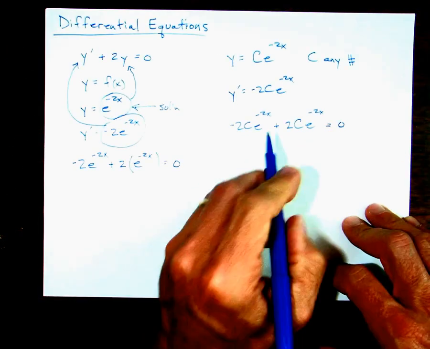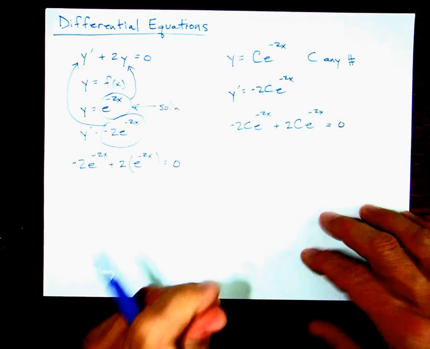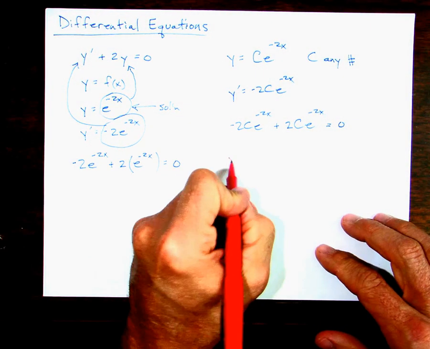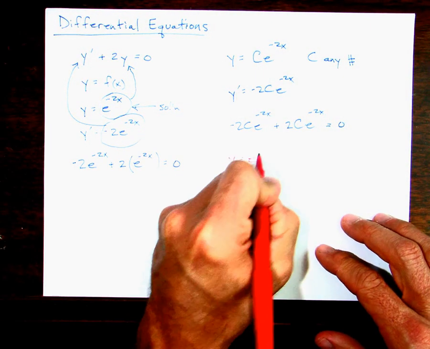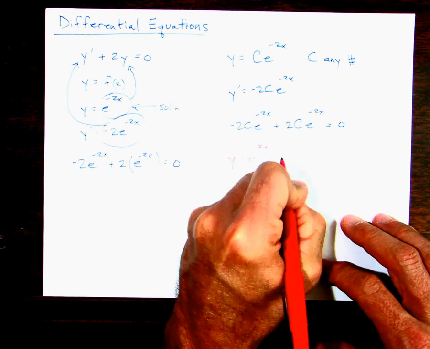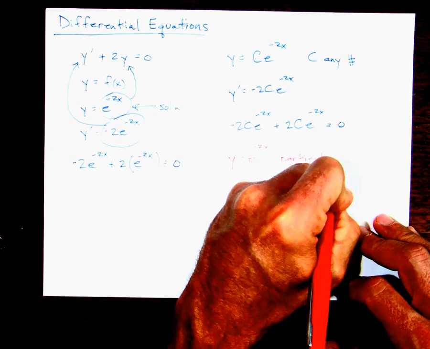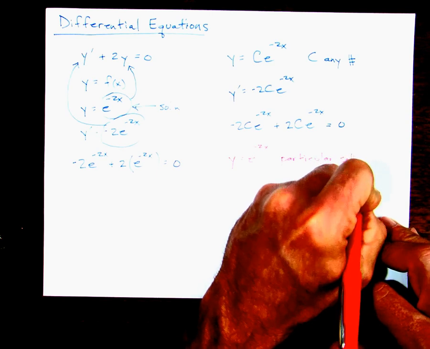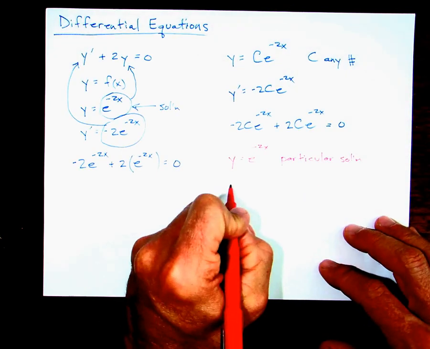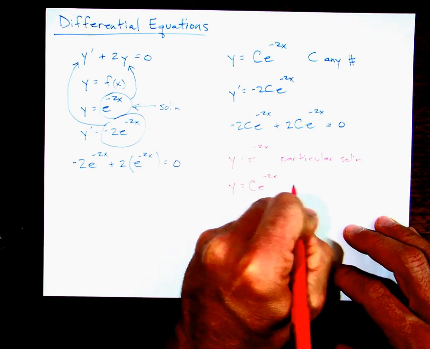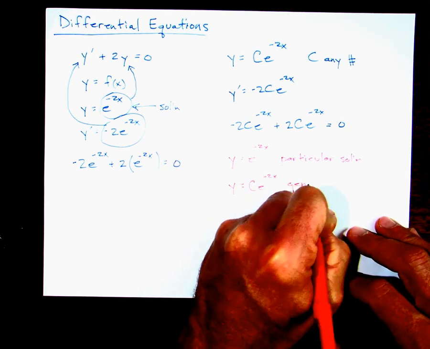So let me highlight this now. We say y equals e to the negative 2x is a particular solution. And we call y equals c e to the negative 2x a general solution.